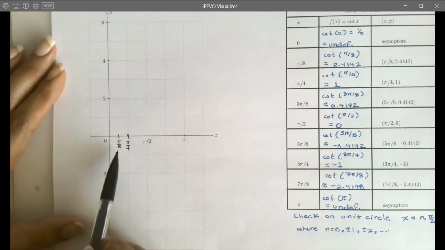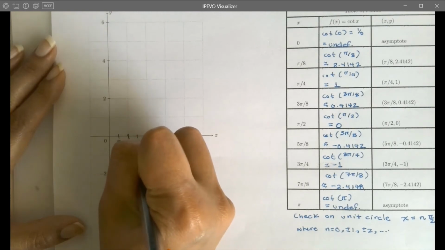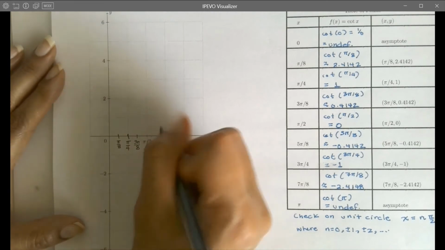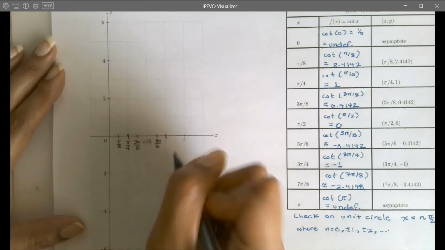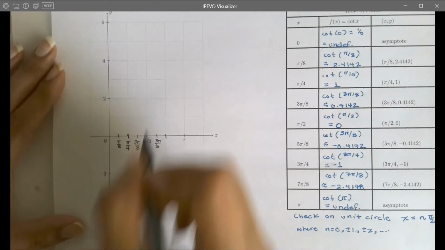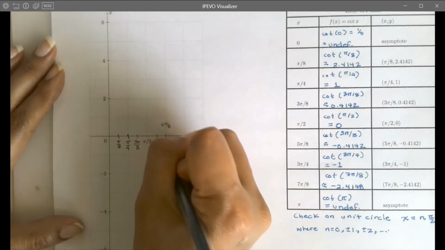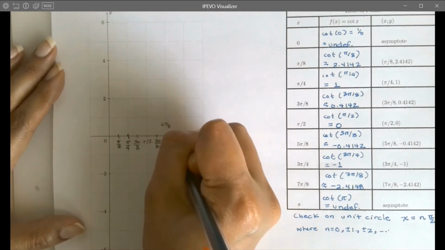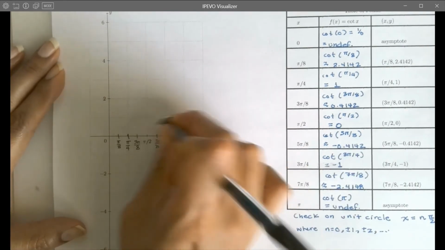So this is 1 pi over 8, 2 pi over 8, 3 pi over 8. This will be a 4 pi over 8, followed by 5 pi over 8, 6 pi over 8, okay, so 6 pi over 8, but that reduces to a 3 pi over 4, then we have a 7 pi over 8, and finally an 8 pi over 8.